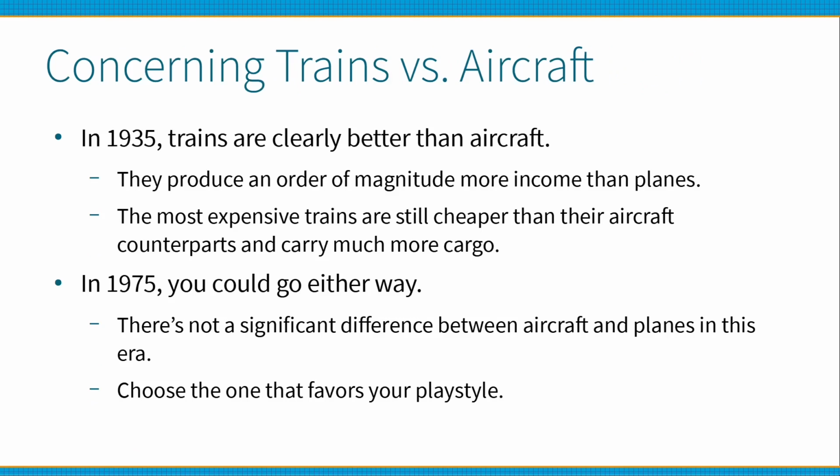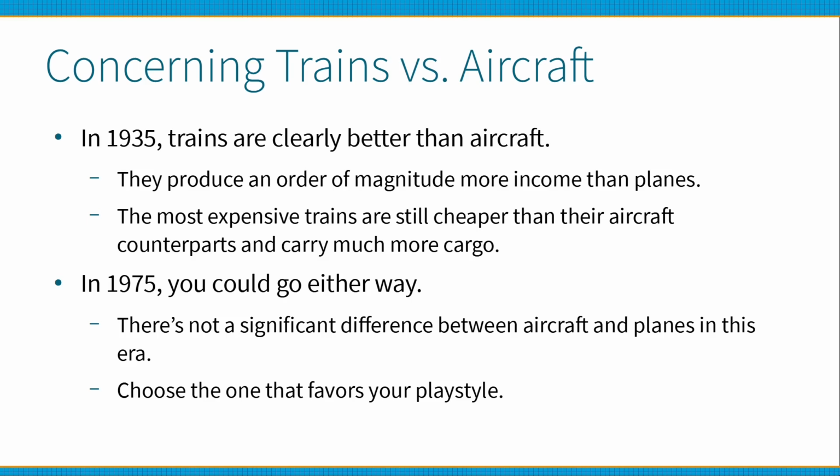As far as trains versus aircraft, we did come to the conclusion that trains are generally better than aircraft, but it depends. So in 1935, definitely you want to do trains versus aircraft. And that's because the income is just much more for trains, and even the most expensive trains are still cheaper than their aircraft counterparts in 1935.